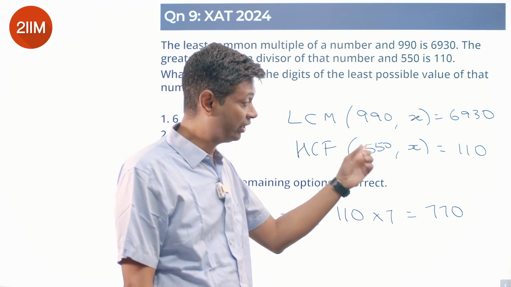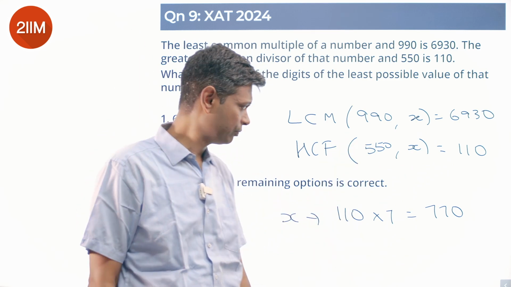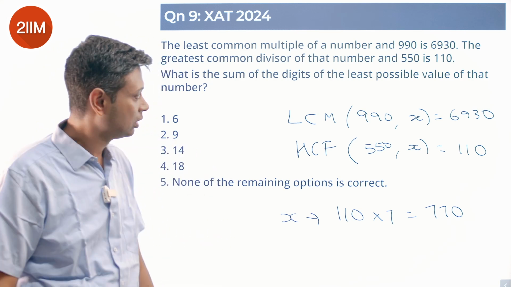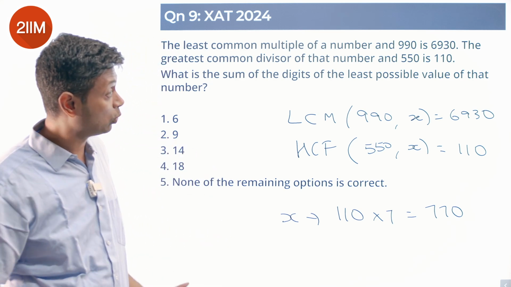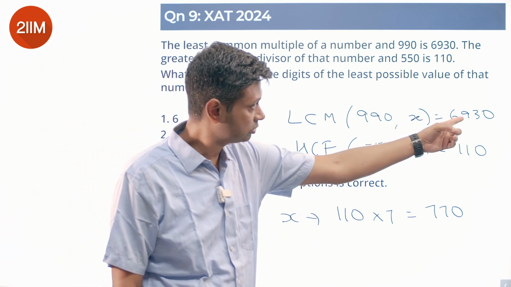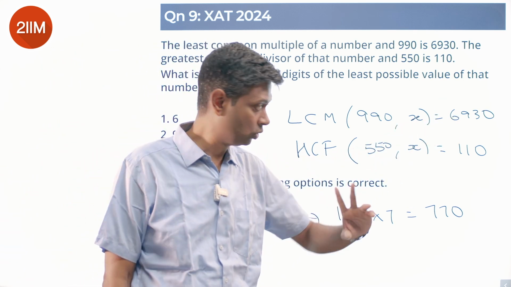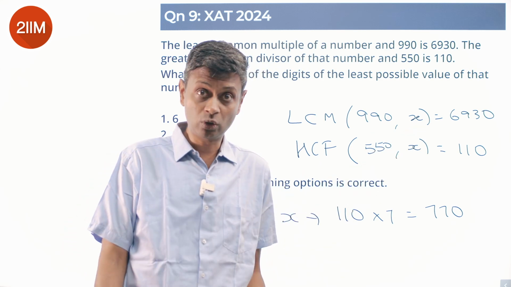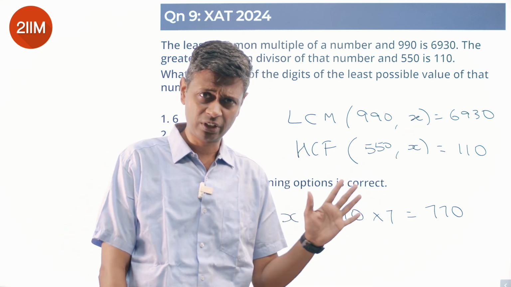It cannot have another 5 in it because then the HCF will increase. So it's 770 into something, right? Maybe 770 into 3 could work. So this should be a factor of 6930, and 770 into 3 will sit inside that. Maybe that could work, but it definitely has to have 770.